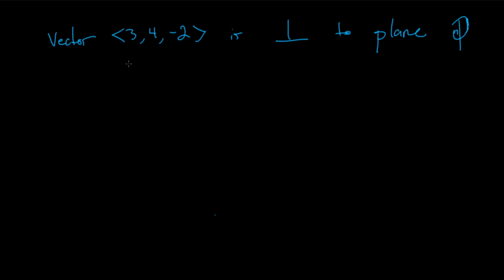That's the ugliest P I've ever written, and that's not a cursive P. I digress. So we have the vector 3, 4, negative 2, and the point 0, 1, 2 is on the plane. What is the planar equation?